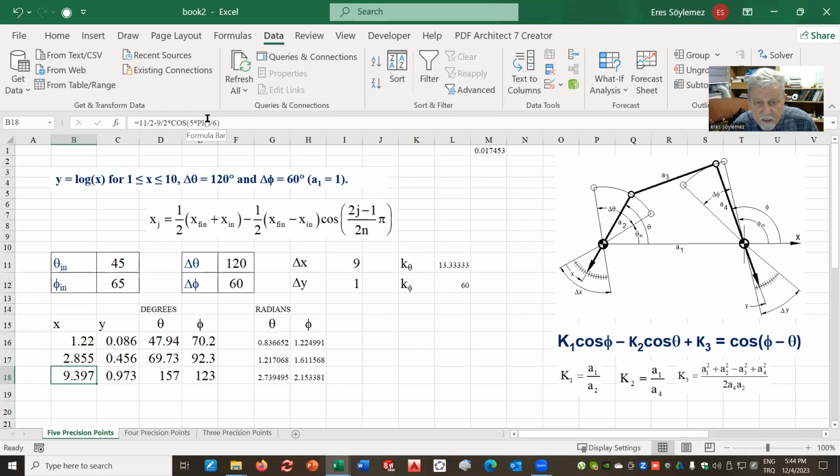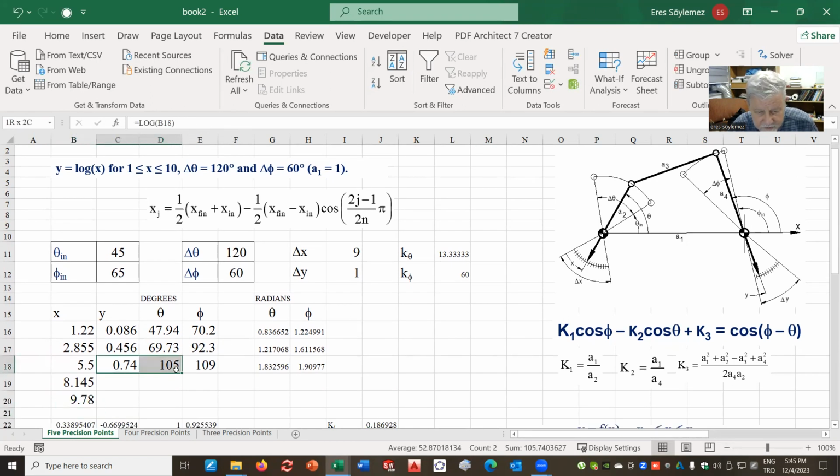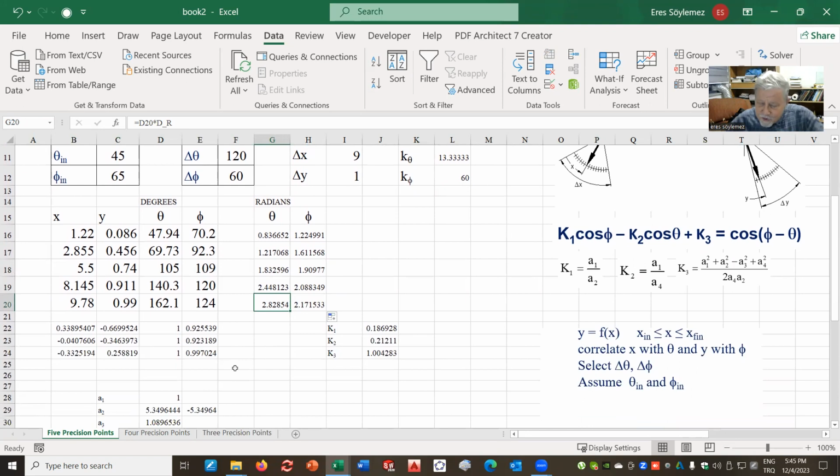The third is 5 times pi over 10. 2 more. 7 times pi over 10. 9 times pi over 10. This is the beauty in Excel. All you have to do is move these cells. Due to the relative cell addressing, you can do this very easily.